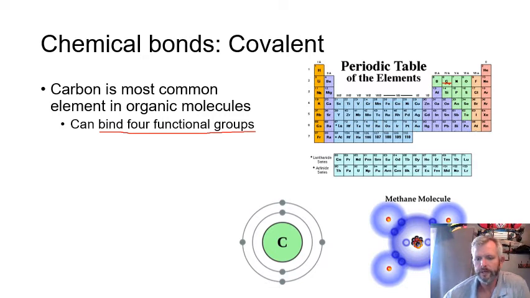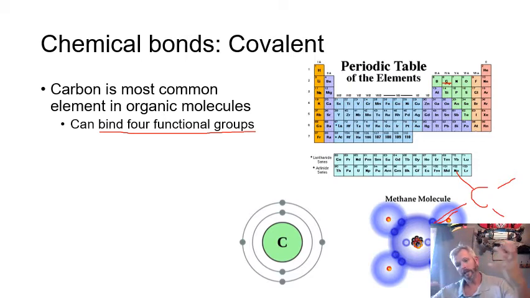What if I have a carbon over here? Even though it's bonded to this carbon, it can still form 3 more bonds. So we can get these very complex, large molecules by using carbon as one of the core atoms in our molecule. That's what makes carbon somewhat unique: its ability to form so many bonds, 4 bonds.